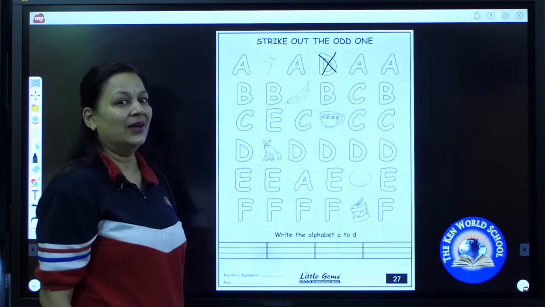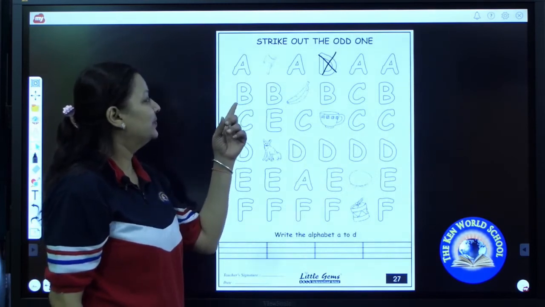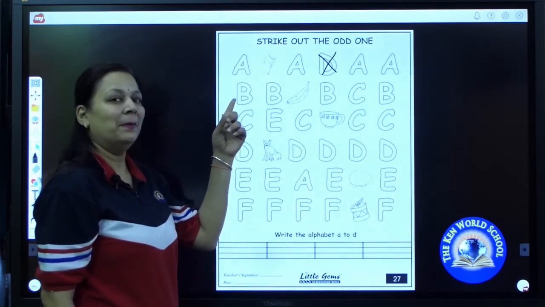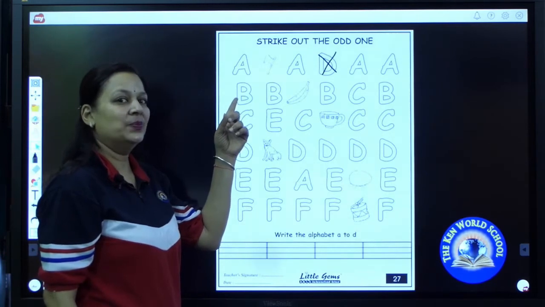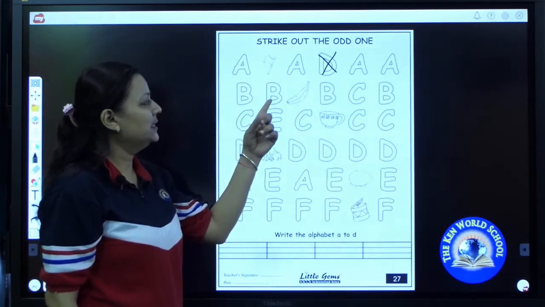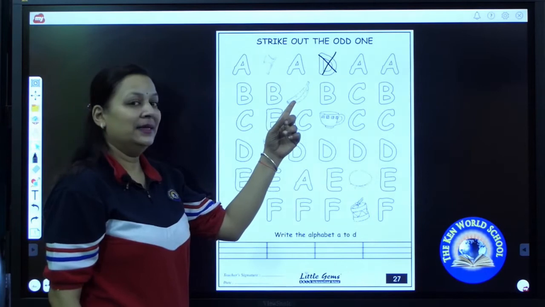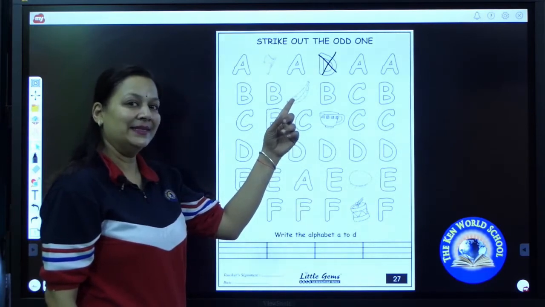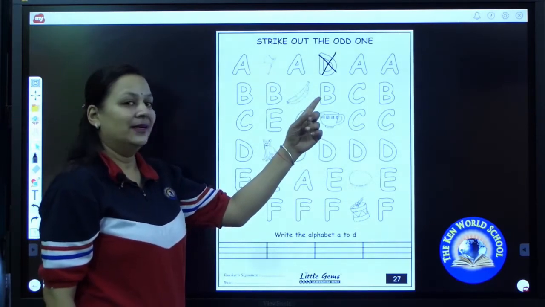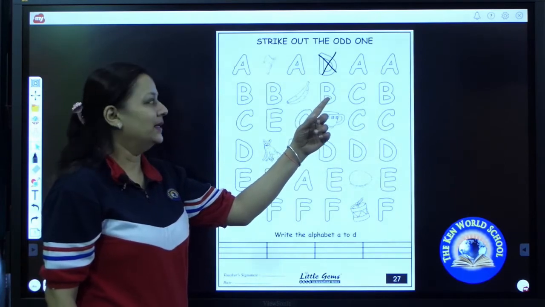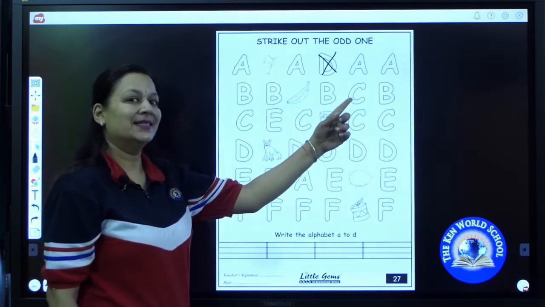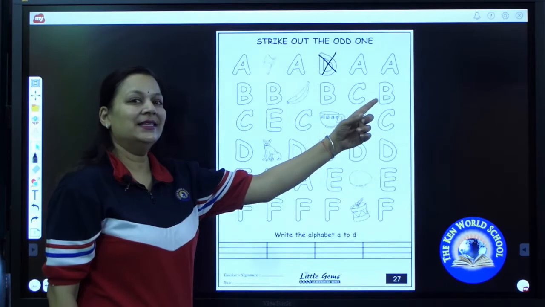Great. Now come to the next row. Which letter is this? B. B says B. B as in banana. Which letter is this? B. Which letter is this? C. Which letter is this?